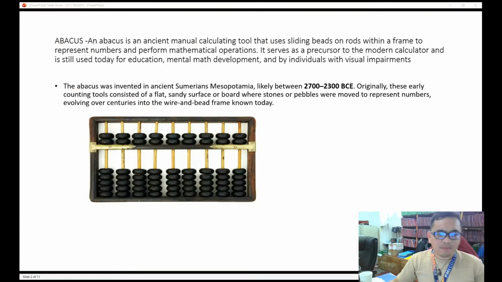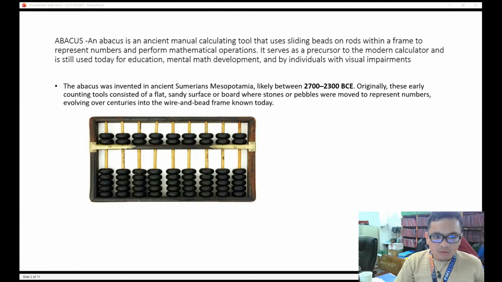It serves as a precursor to the modern calculator and is still used today for education, mental math development, and by individuals with visual impairment. The abacus was invented in ancient Mesopotamia.